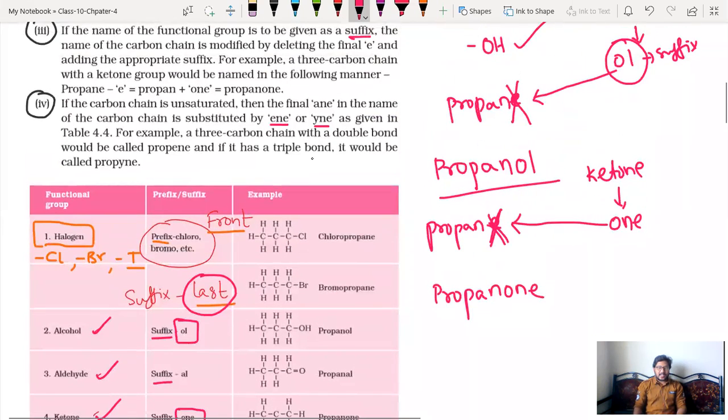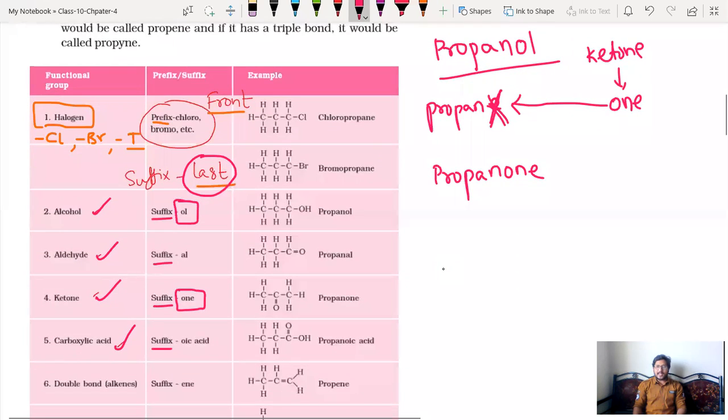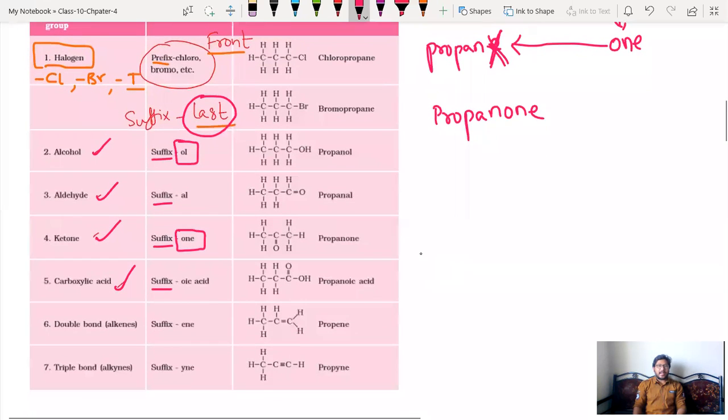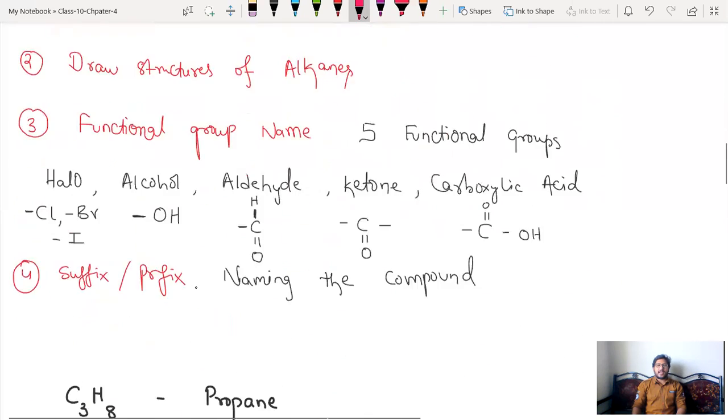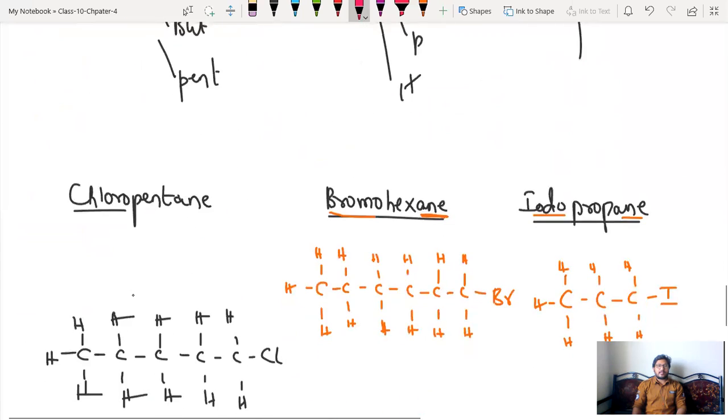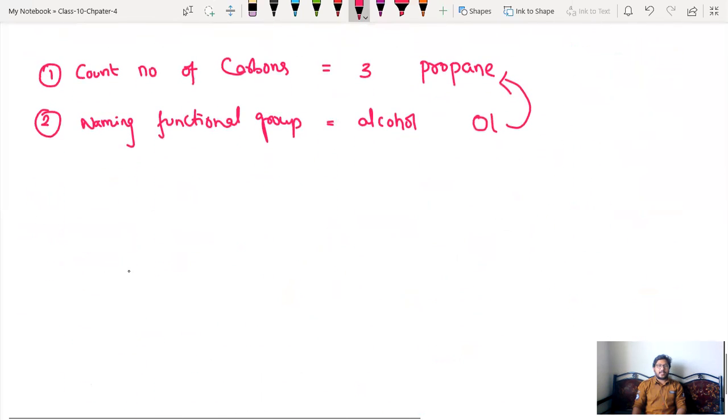For unsaturated, we are not adding functional groups in your 10th class. In your 10th class, we are seeing addition of these functional groups for only alkanes. Okay, let us see a few examples. I will draw and let us try to name it. What is the third step they told?